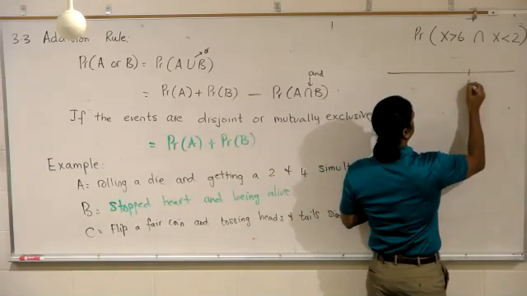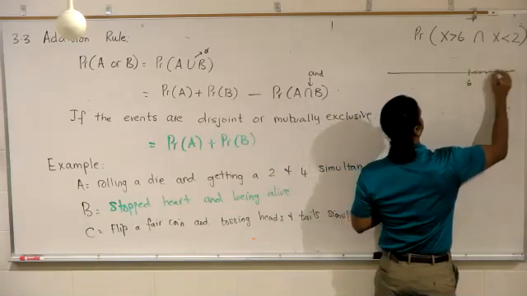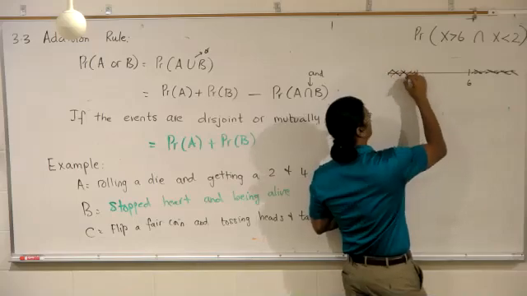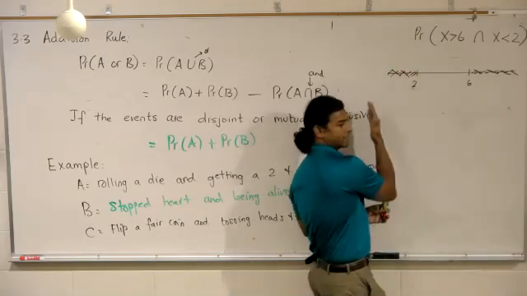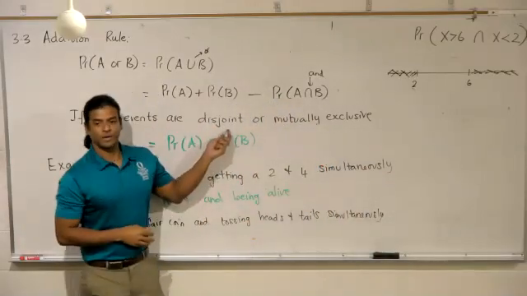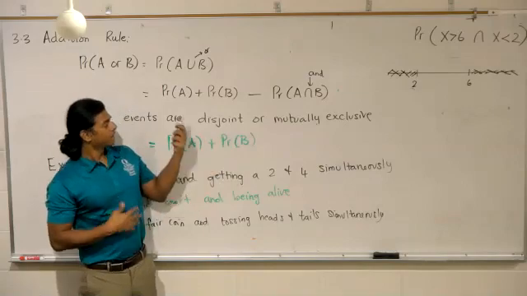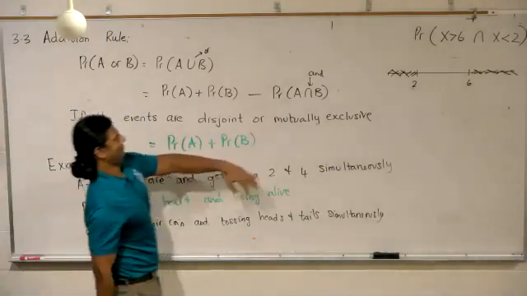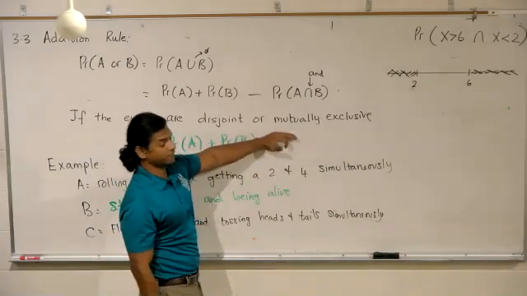On the number line, if you draw this out, one is going that way, the other is this way, there is no overlap. That's why we call it disjoint. So the disjoint part comes from set theory, the mutually exclusive part comes from logic.